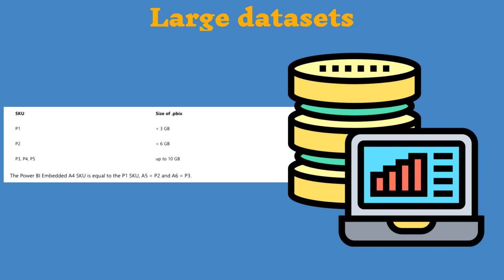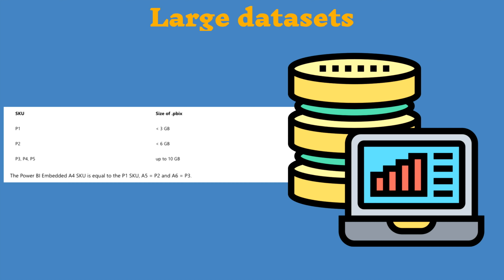Now we are going to talk about large datasets and how to enable them. As I mentioned during the capacity nodes, there are different SKUs like P1, P2, P3, P4, and P5, and that also depends on the file size. Generally, if your Power BI Desktop file size is less than 3 gigs, then you should use only P1.